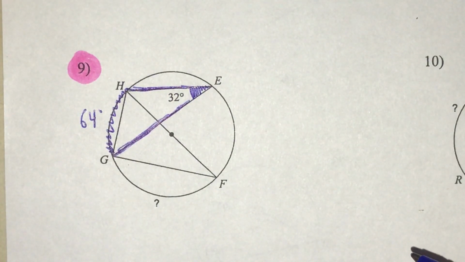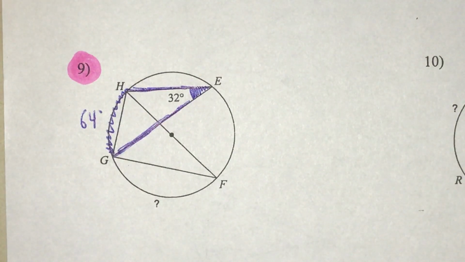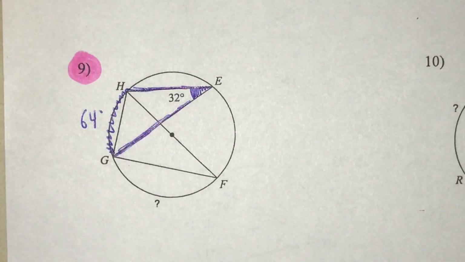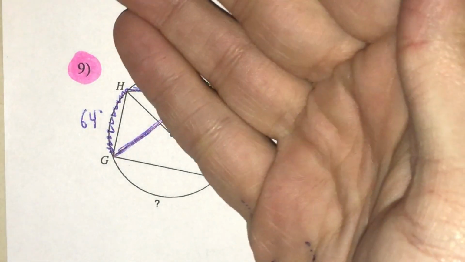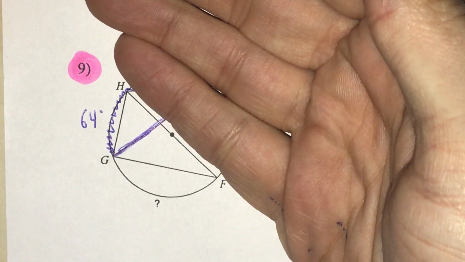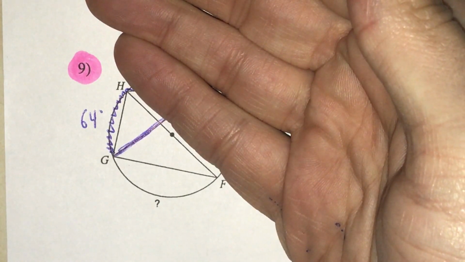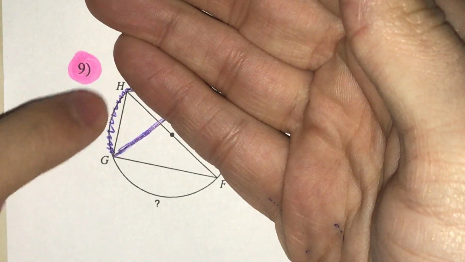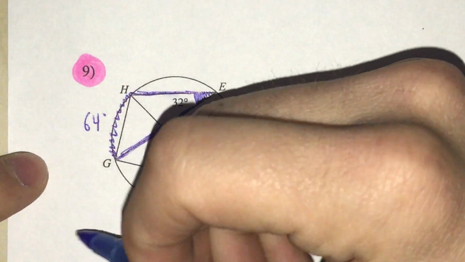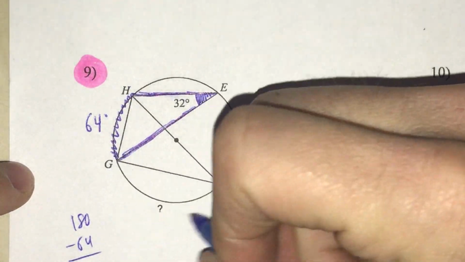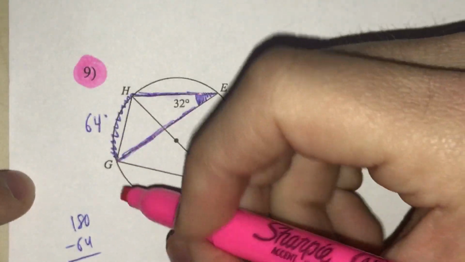So again, that's all you know. I always want you guys to write down what you know first, and then hopefully things become visible. Luckily, to find this last missing part, you got to look at HF. HF is a diameter which splits a circle in half. So half of a circle is 180. So if we do 180 minus 64, that will end up giving me what the remaining part is.